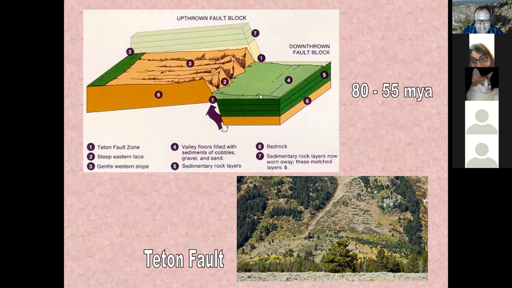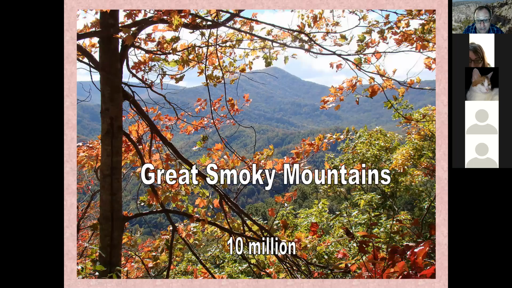We weren't there to see that happen, but that's why the Rockies are the Rockies, and some of the other mountain ranges in the west are what we call block fault mountains. So this is actually a fault running up through here, the Teton fault in this case. You might not be able to recognize it as a fault without the aid of a geologist.